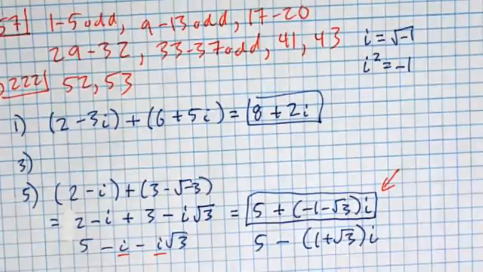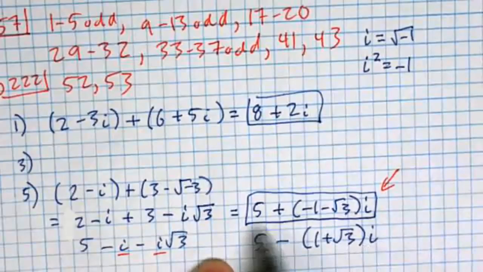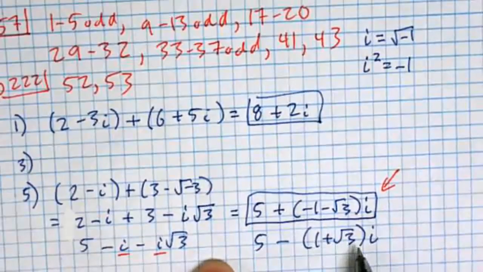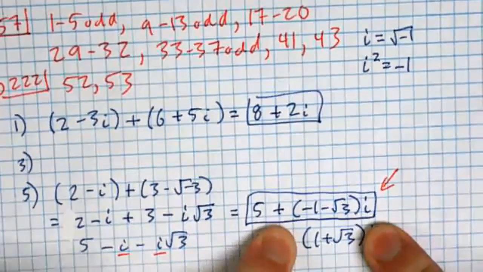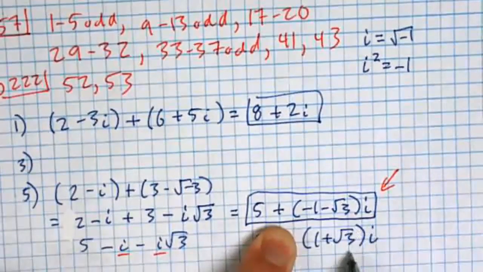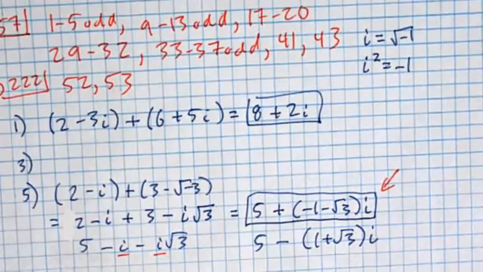So in general, we usually want to split it up so that we've got, in this case, a real part and an imaginary part. And that's hard to do if it's all over one big fraction. So usually when we've got complex numbers, we don't want them inside of a fraction, because we want to be able to really quickly isolate what's the real part and what's the imaginary part. Same thing here. Actually, within this, they've also isolated the rational part and the irrational part. Just doing a little bit of both.